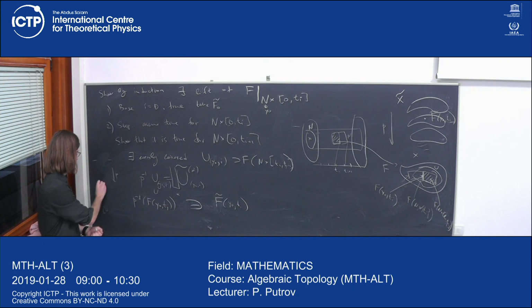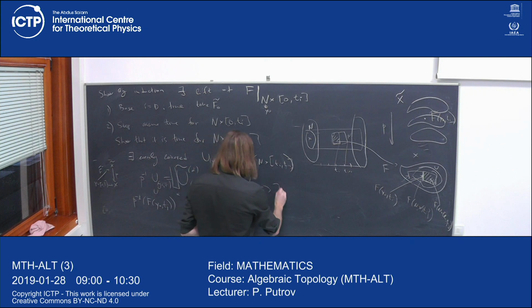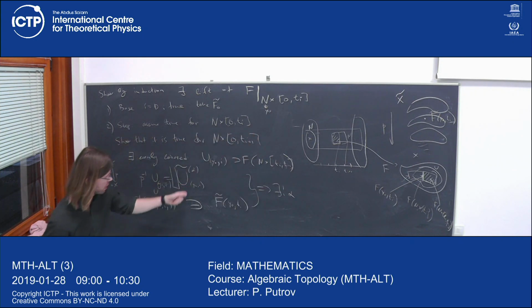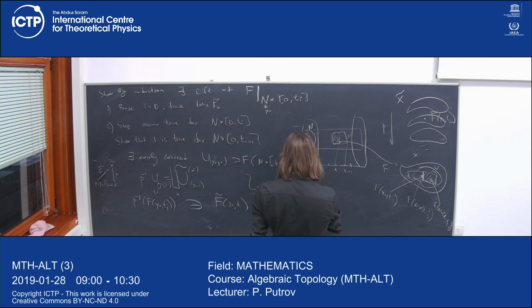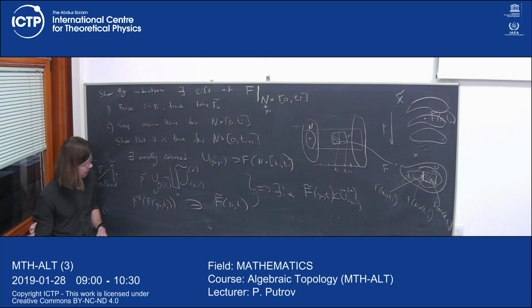Because the lift was defined by the diagram like this: Y times 0 to X. But since this is a disjoint union, there exists a unique alpha in this disjoint union such that this guy belongs just to one of these subspaces, right?